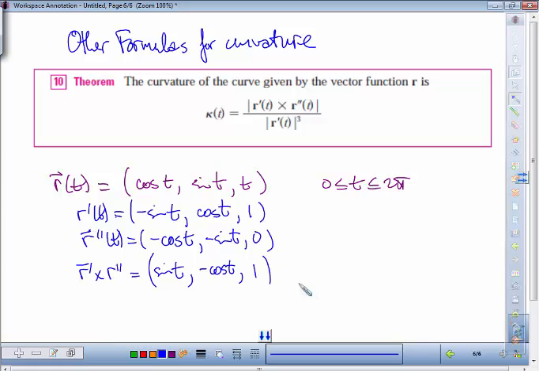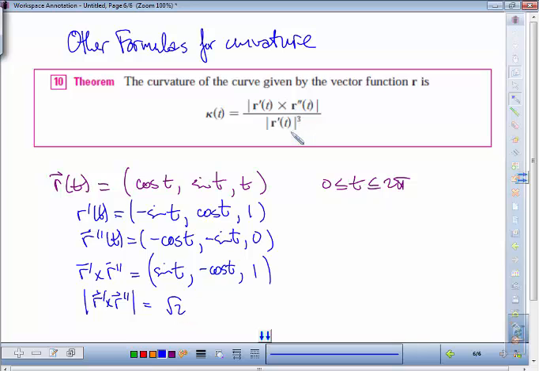And I think the magnitude of this is going to be square root of 2. So sine squared plus cosine squared is 1, plus 1 is 2, all under square root.